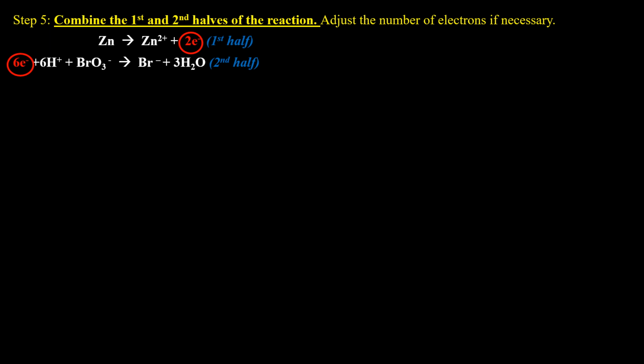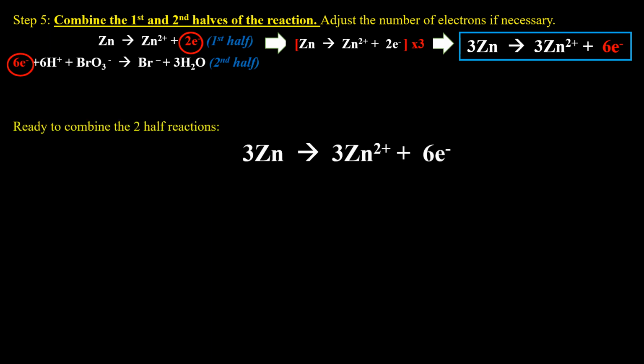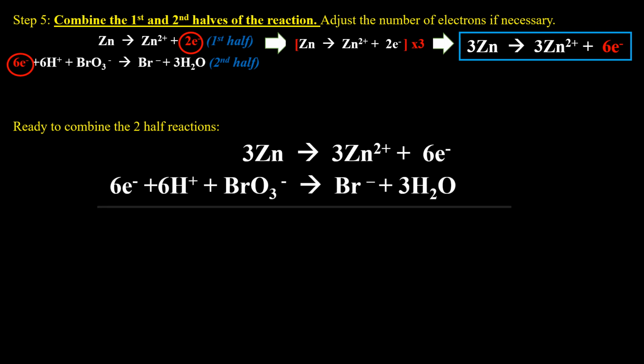So we need to multiply the first half by 3 to make it 3Zn yields 3Zn2 positive plus 6 electrons. So if you are now ready to combine the two half reactions, this will result to these two equations.